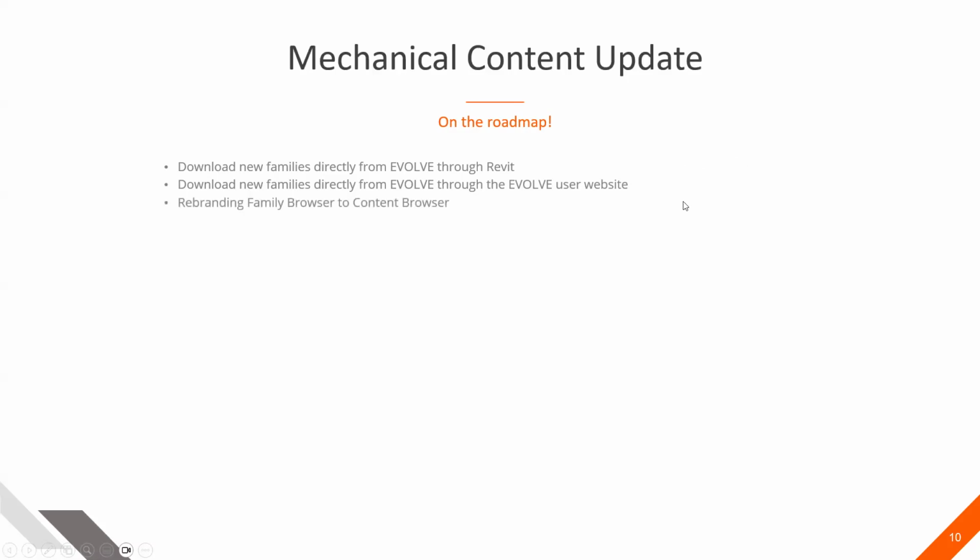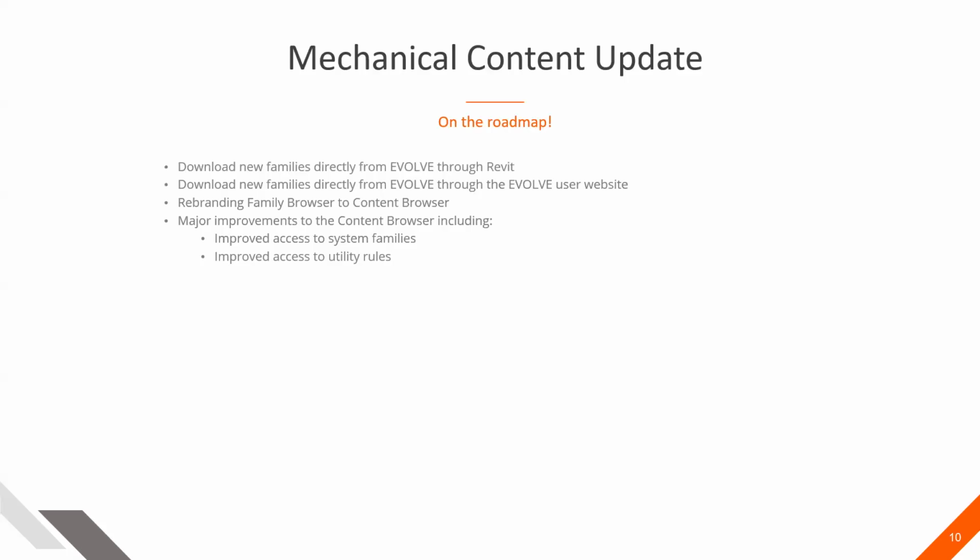This is my hope. We're going to possibly rebrand the family browser to content browser because there are other improvements coming to it, including improved access to the system families, improved access to utility rules. You saw me load in those parameter sync rules today. I realize that can be a bit of a burden, and knowing when to load them in, knowing what to load in.